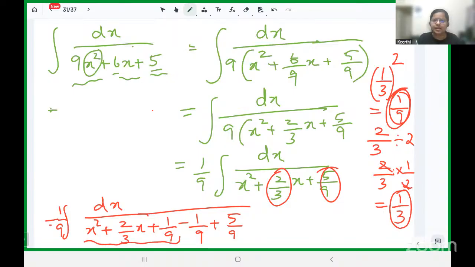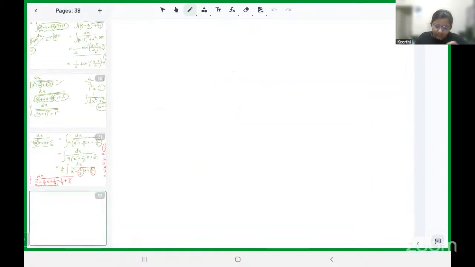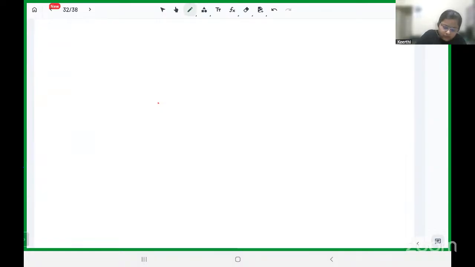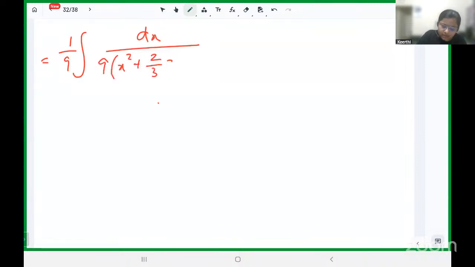That's why we are adding and subtracting 1 by 9. Now this is of the form perfect square. Now we can change this as integral 1 by 9 dx by x square plus 2 by 3 into x plus 1 by 9 minus 1 by 9 plus 5 by 9.